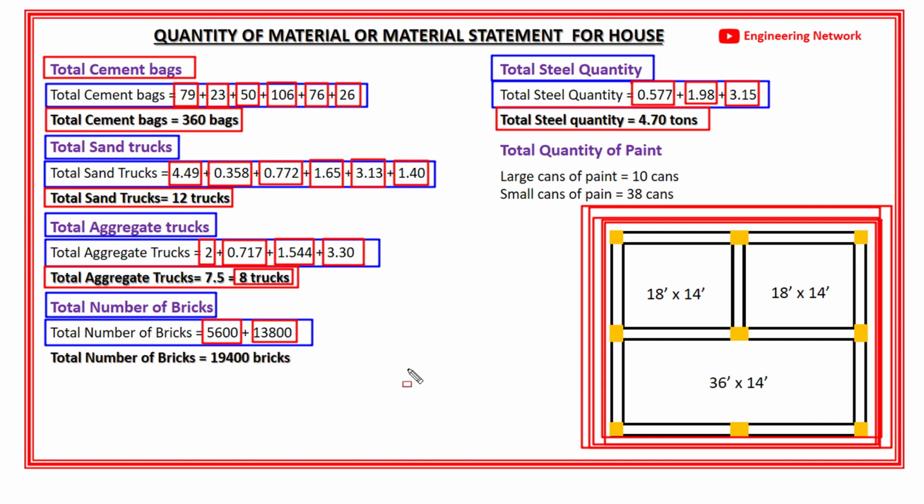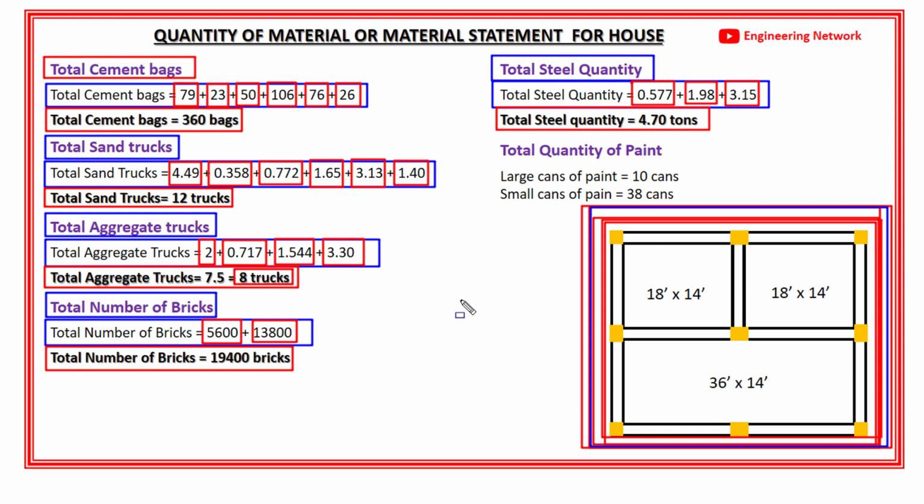And after the calculation, the total number of bricks in this house will become 19,400 bricks, right?